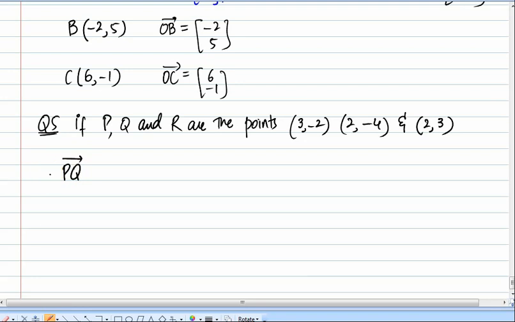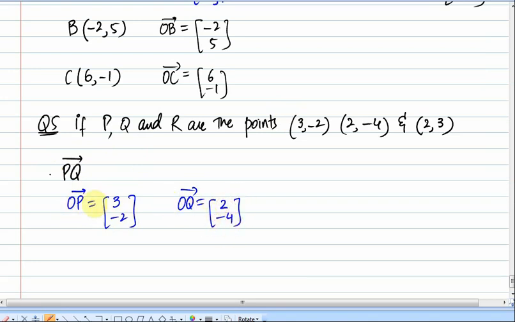Now how you find the column vector, I will explain the first part and then you will start your working. Basically, we have the value of OP, right? And the value of OP we have is (3, -2). Similarly, the value of OQ we have is (2, -4).